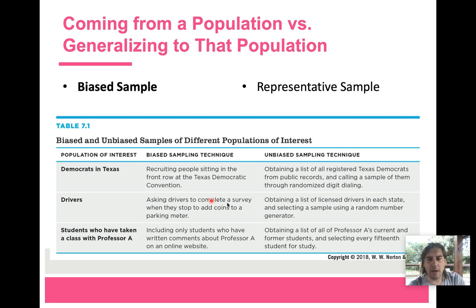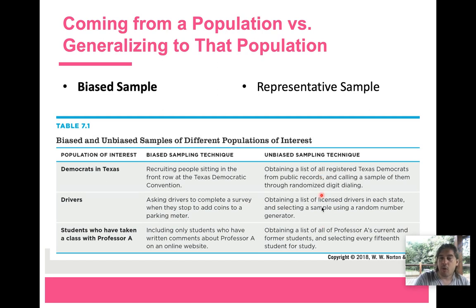So there are many ways in which sampling people with that method might be biased, versus an unbiased technique, which would be to get a list of all the licensed drivers in the state and then randomly select them using a random number generator and contact them for data.